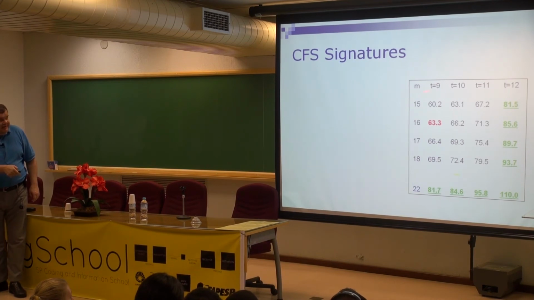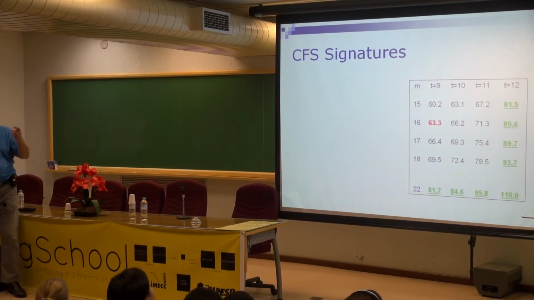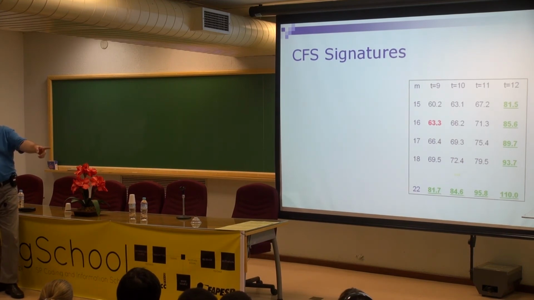Anyway, these are the security levels we attain for this combination of the parameters. M is a parameter related to the finite field F sub 2 to the m. It will be related to the code length. M is the logarithm of the code length.